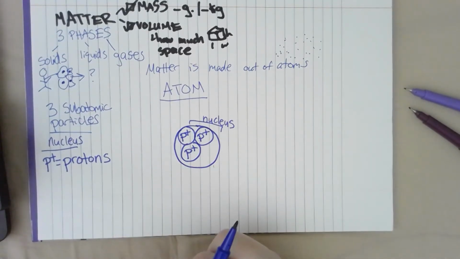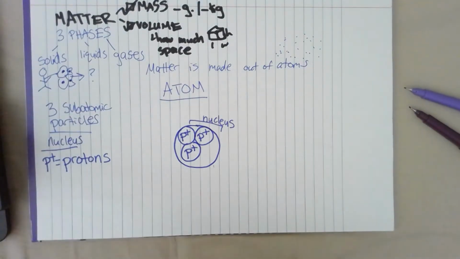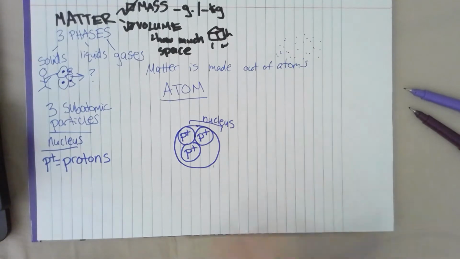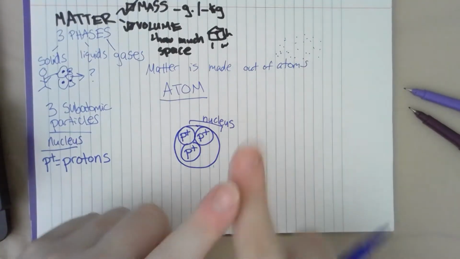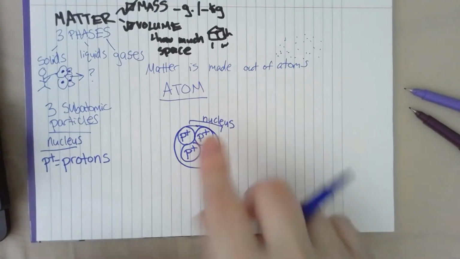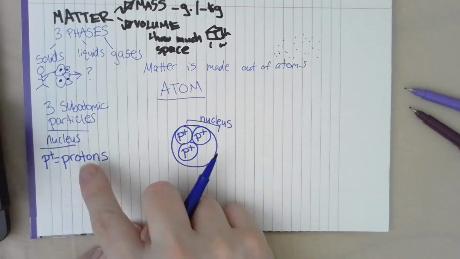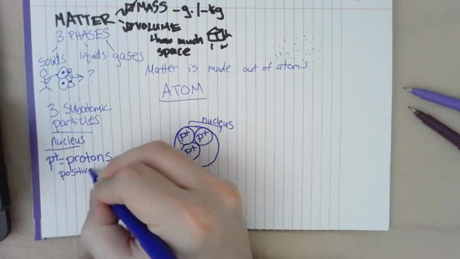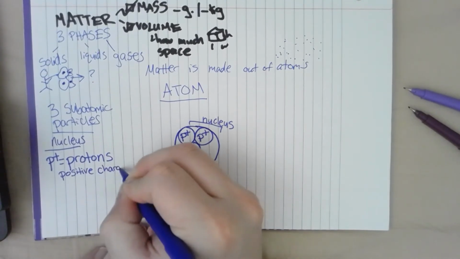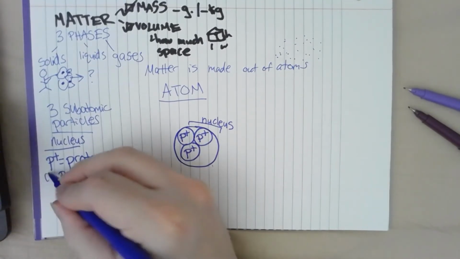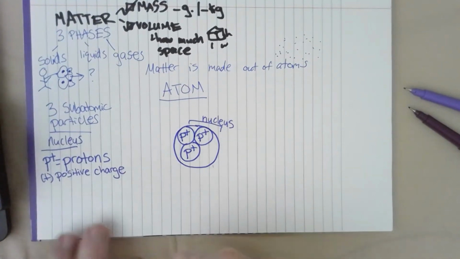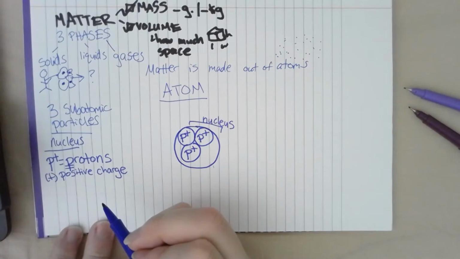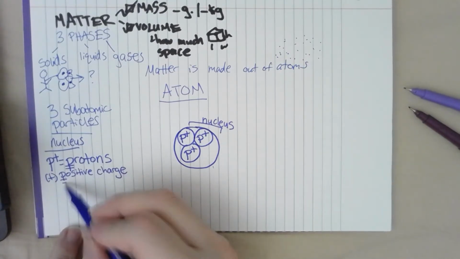Everything in the universe has some sort of electrical charge. Like when you touch metal and it goes zzz, and it shocks your finger, you transfer electricity. You need to know protons have a positive charge. That's easy to remember because protons start with P, and so does positive.